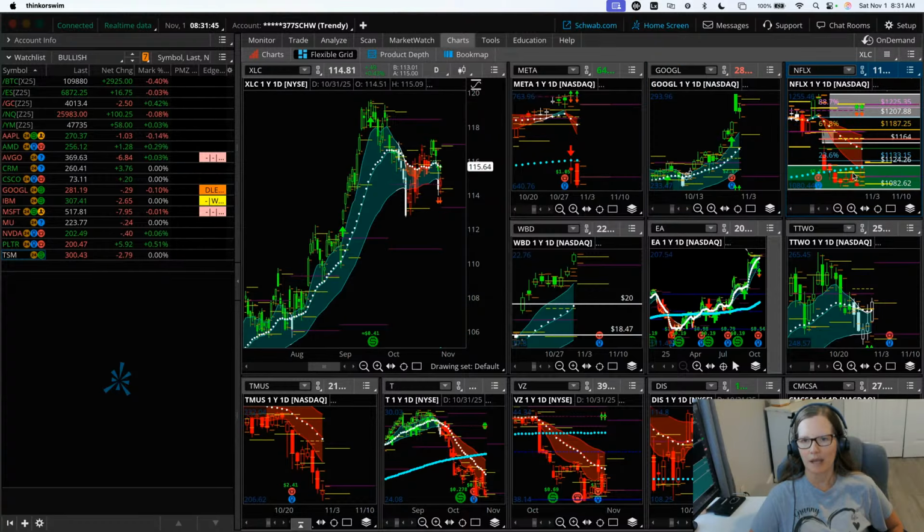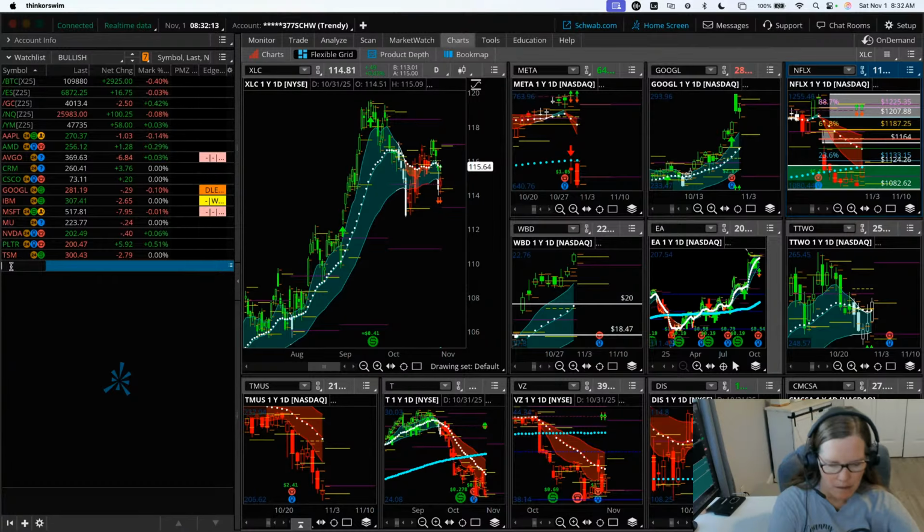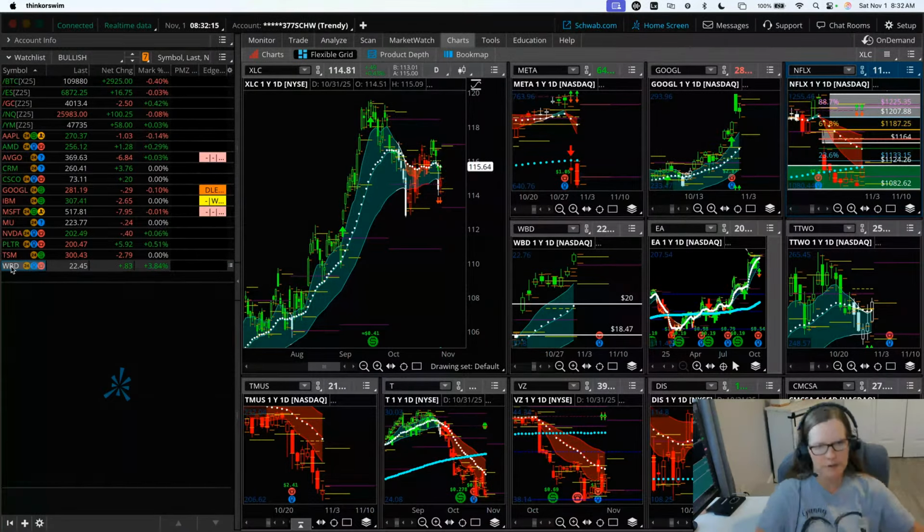It is a name that I do not have, believe it or not, in my long term portfolio, but it is in a buy zone here. Netflix is another one that I want to discuss on Monday, the last hour of the day. Other names in the communications sector that would be in play for me would be WBD. This is Warner Brothers.